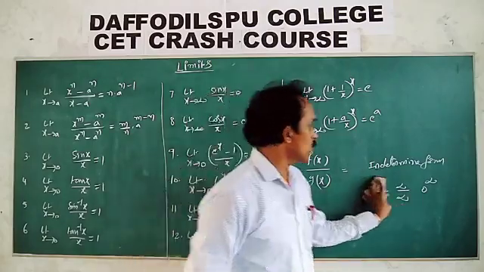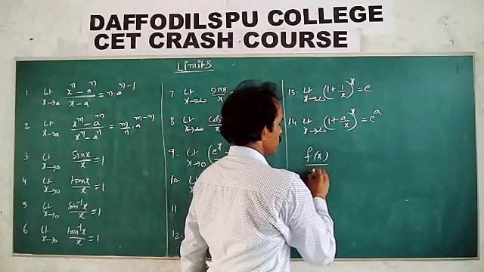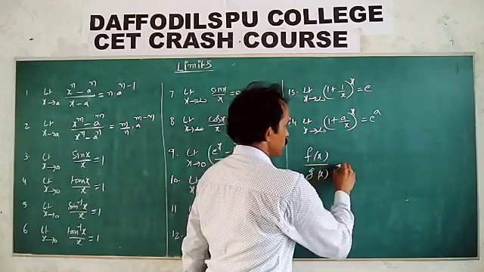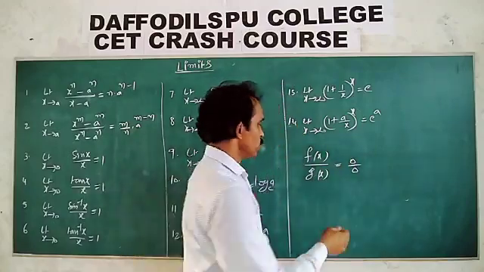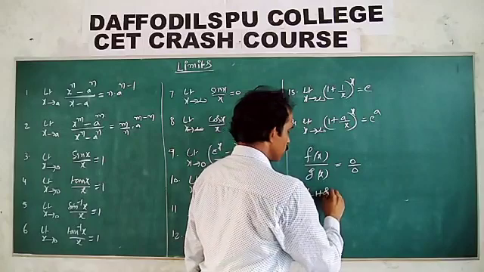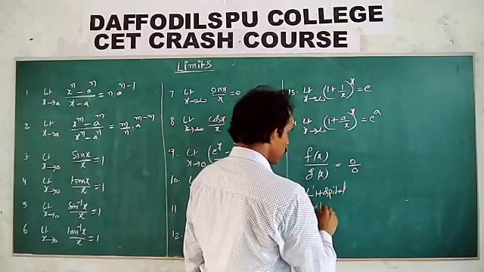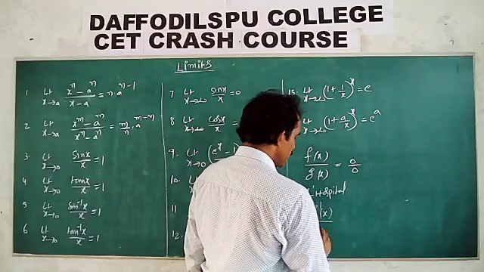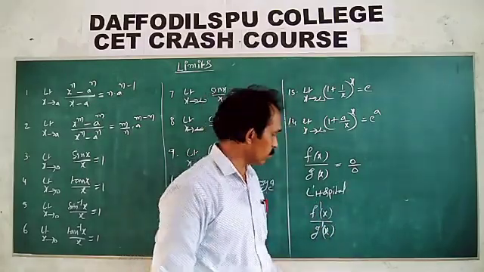And next, L'Hospital's rule. Suppose f of x by g of x is in 0 by 0 form, what will we do? L'Hospital's rule applies. That is nothing but f dash x by g dash x: numerator derivative, denominator derivative.